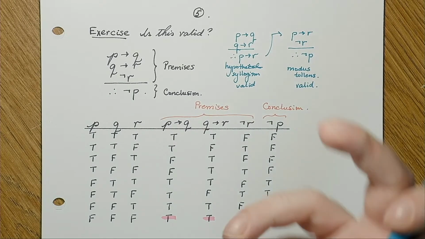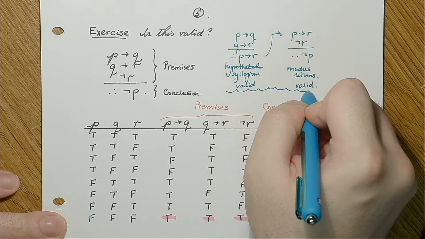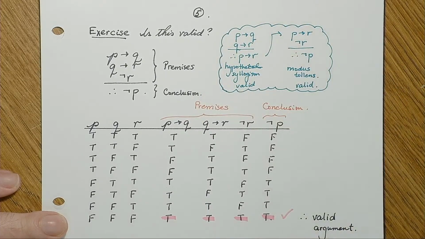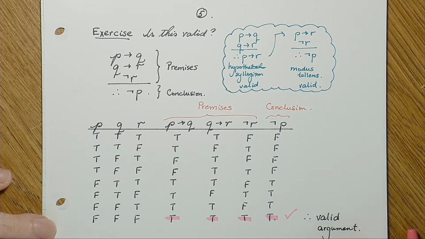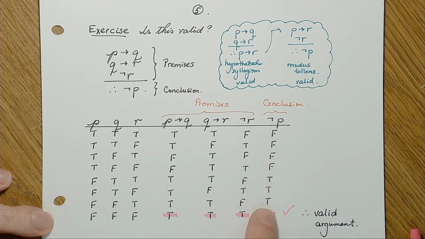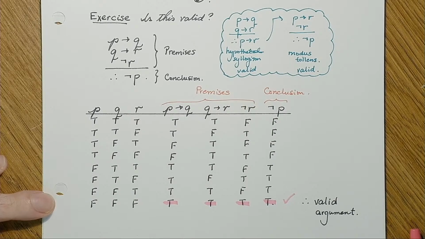But when I saw that, that's how I could quickly determine that this was valid. I didn't have to actually use a truth table. We could just see that quickly.